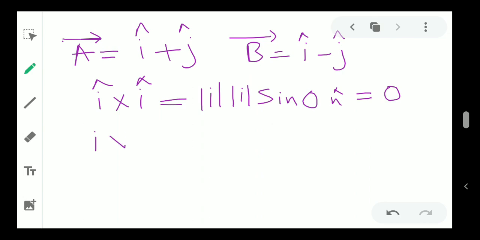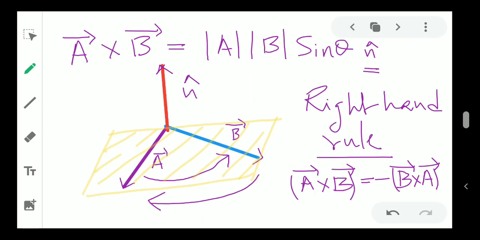But let's say we have i cross j. Whenever two vectors are there, automatically a direction like n cap comes, which is not in that plane.